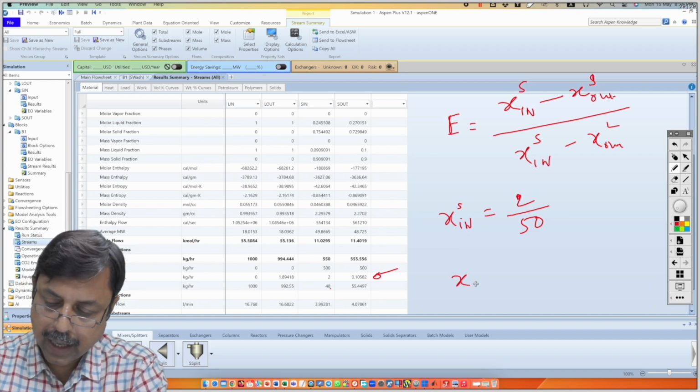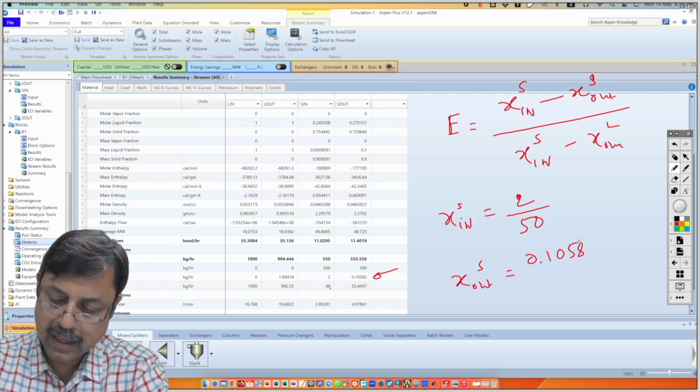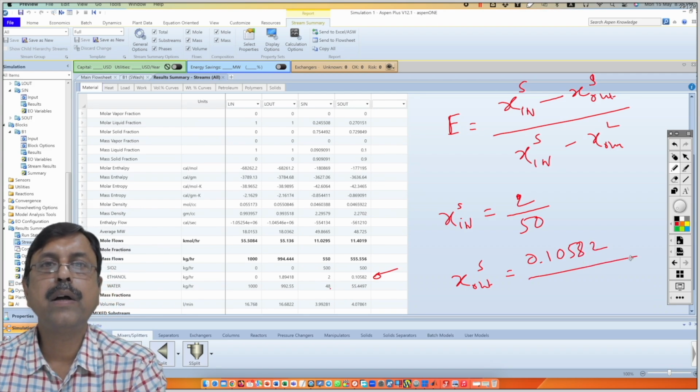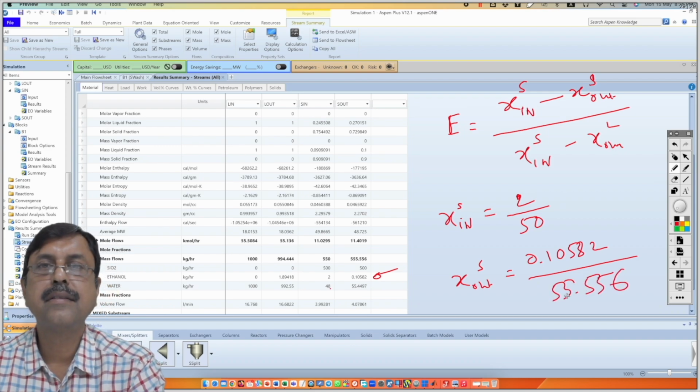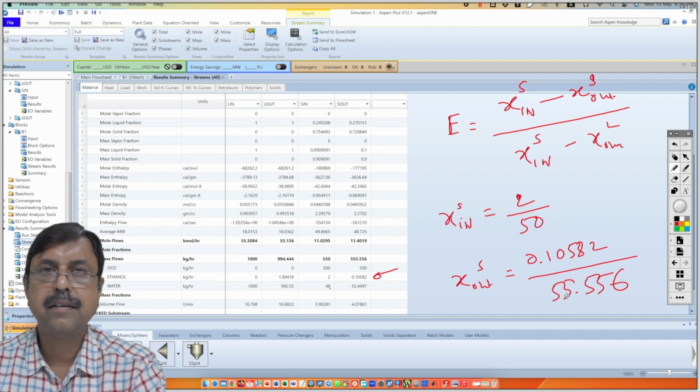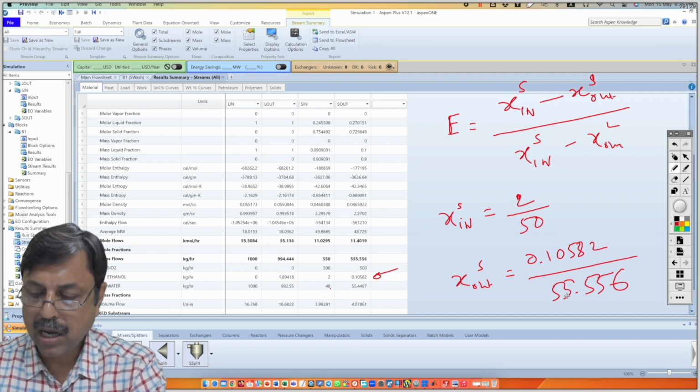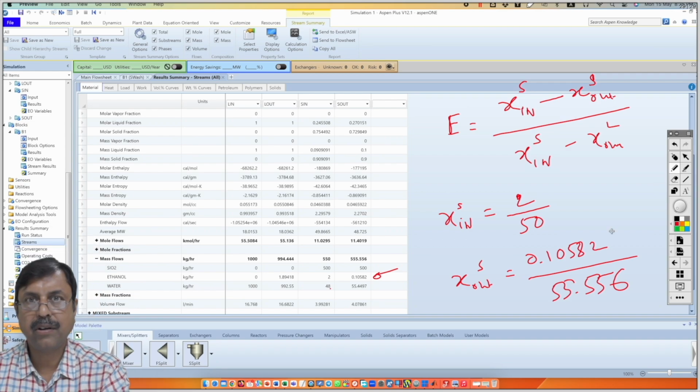That should be X out S. That will be 0.10582 by 55.556, which is the liquid quantity, out of which 0.10582 is the dissolved component.